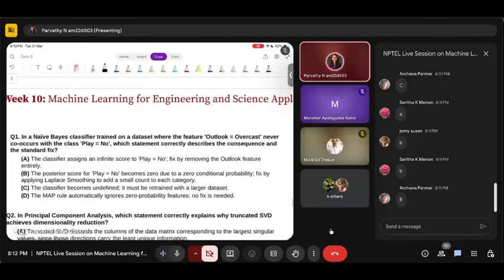In a naive Bayes classifier trained on a data set, outlook is one of the features, and one of the possible values for outlook is overcast. This never co-occurs with the class play is equal to no. Which statement correctly describes the consequence and the standard fix?